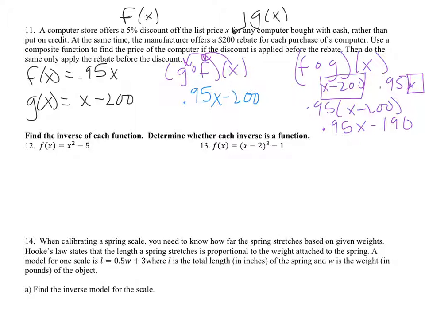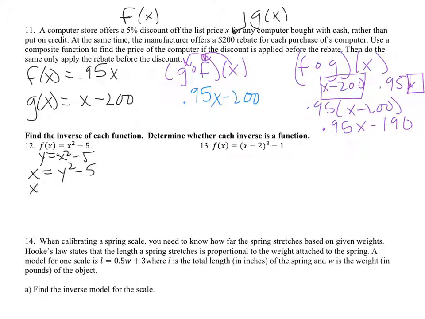Question 12. Find the inverse of the function and then state if it is a function. So first, this is the same thing as y is equal to x squared minus 5, because that's just your output. So I can switch my x and my y. You only do this for input, not for real life situations.